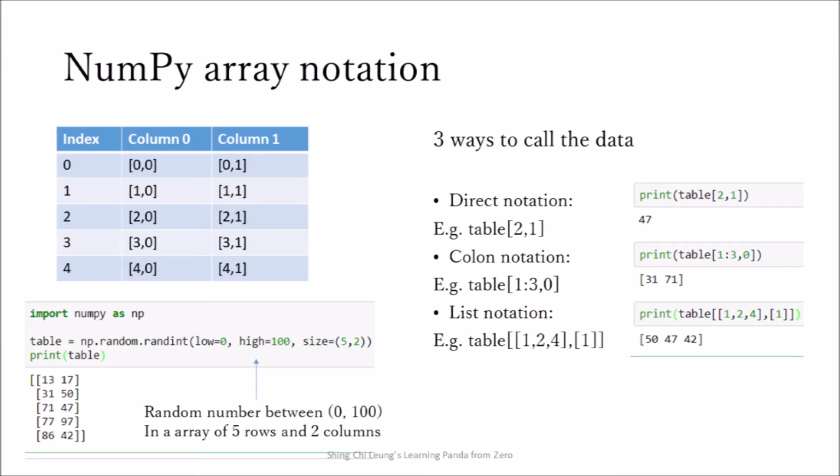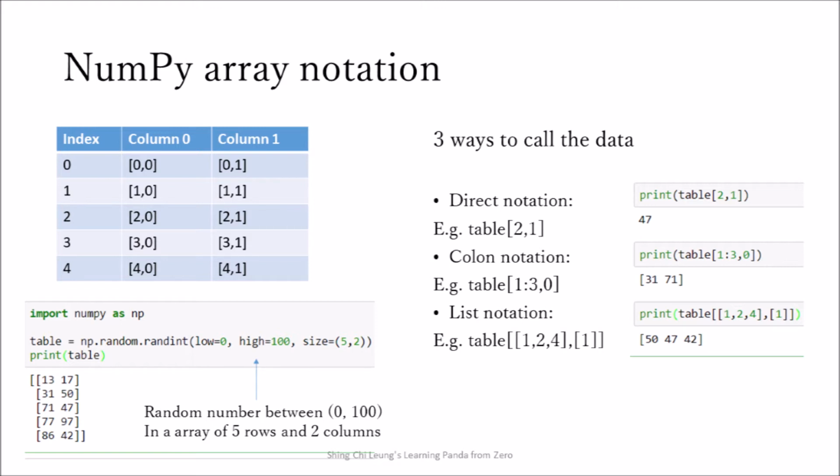Before we dive into the specific methods, we will first briefly review how we call the elements in a two-dimensional array, or a rank 2 array in NumPy. As I mentioned in Chapter 1, the introduction, NumPy is closely related to Pandas in terms of the array structure. In a rank 2 NumPy array, we always have two indexes to define the position of the element.